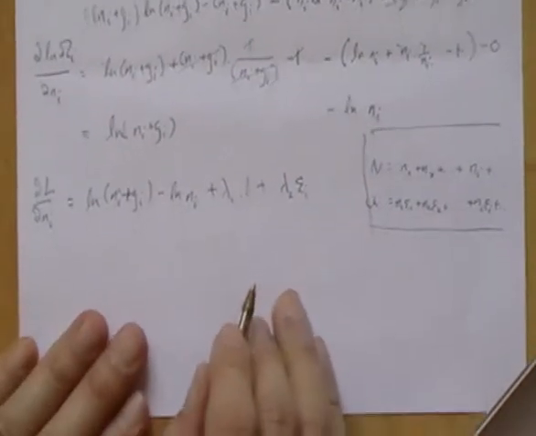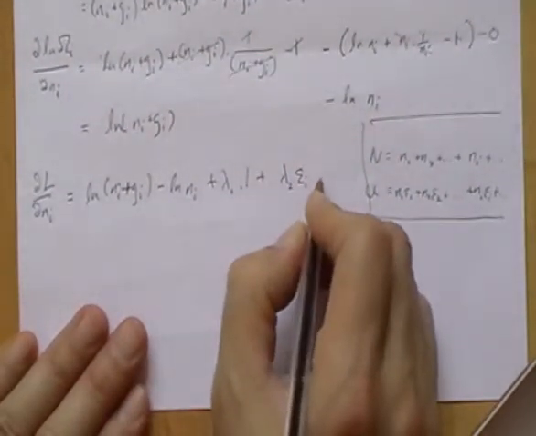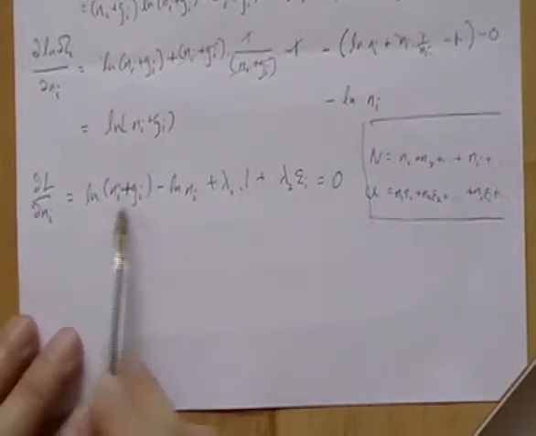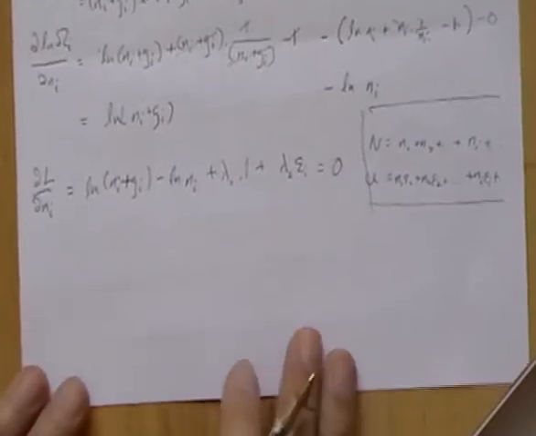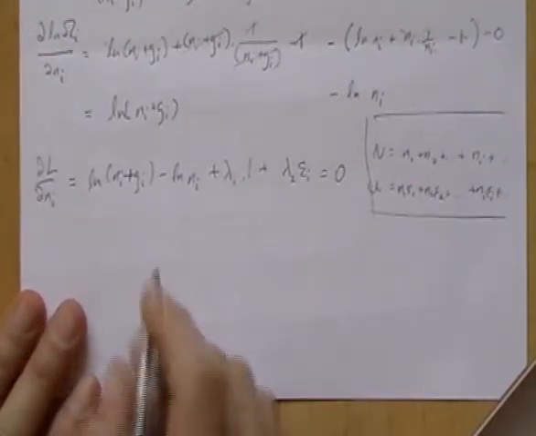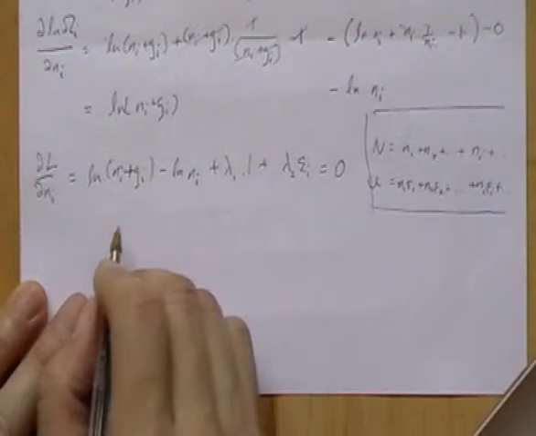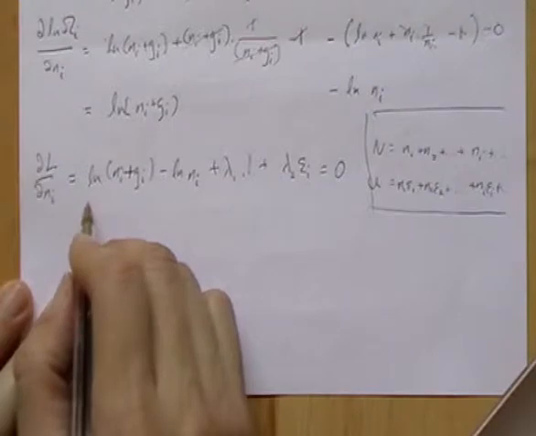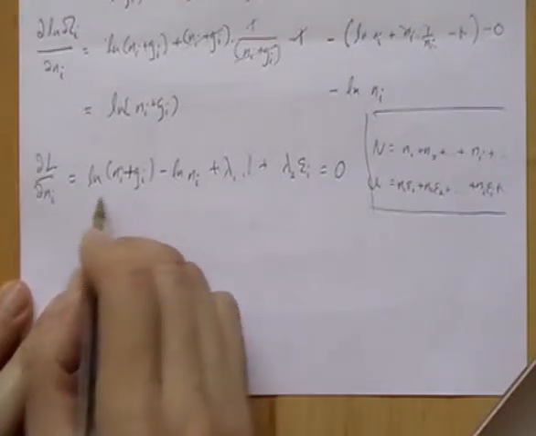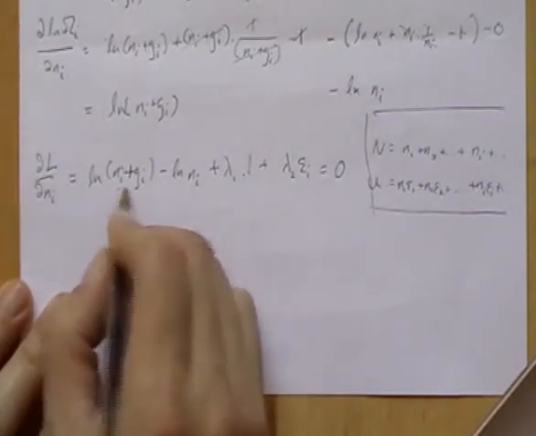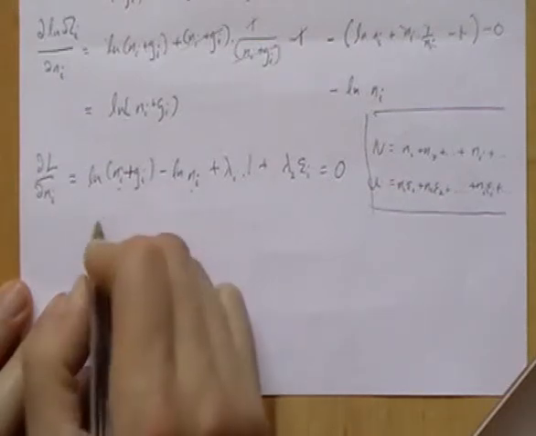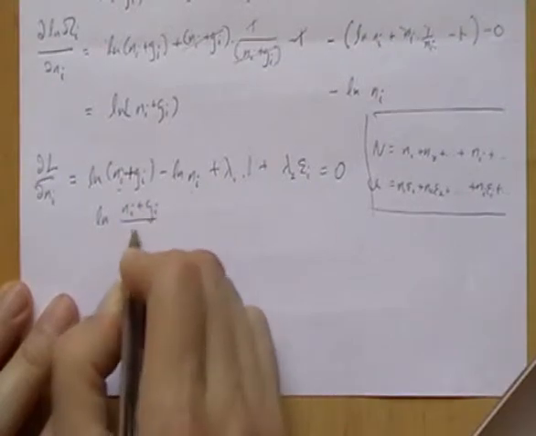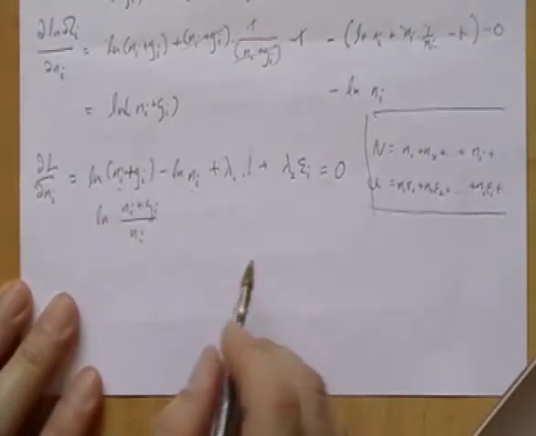Now what remains is to say that at the maximum this should be 0 and we can solve for ni. So let's simplify this. I'm going to try and combine those two. Now what we want is to solve for ni. So if I combine this, ni plus gi over ni, it's those two.